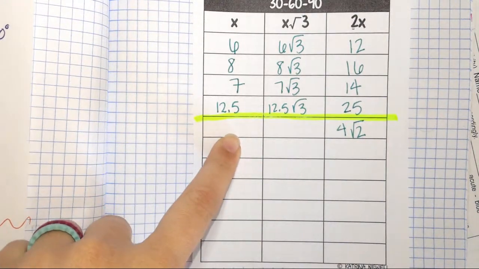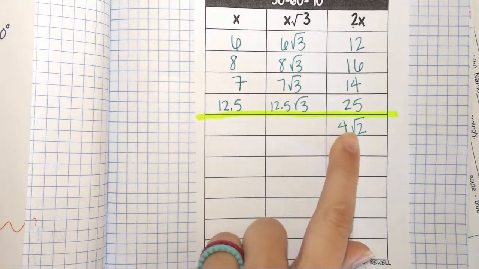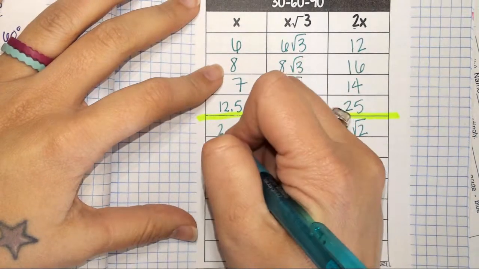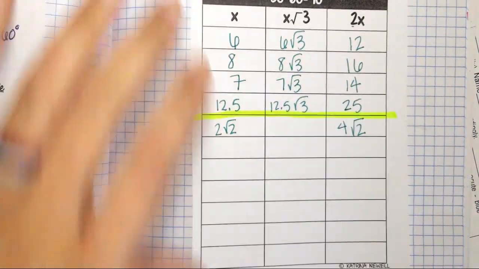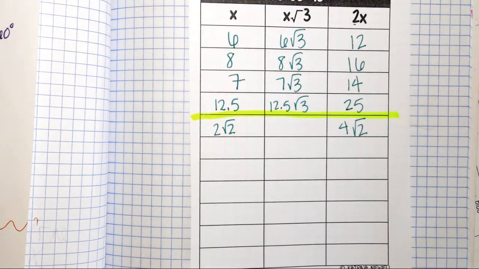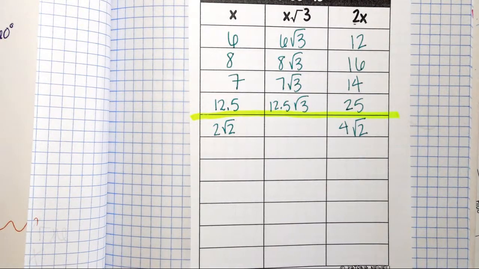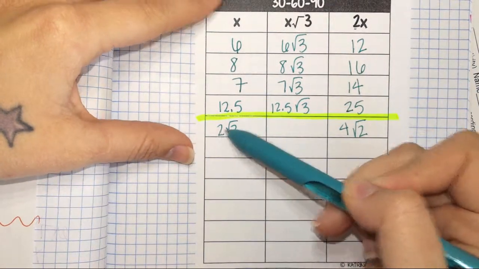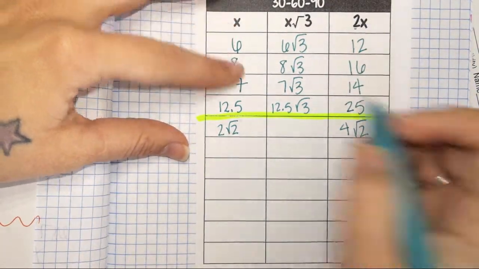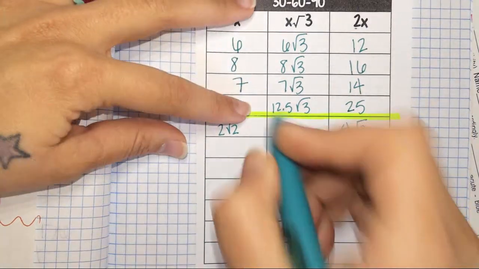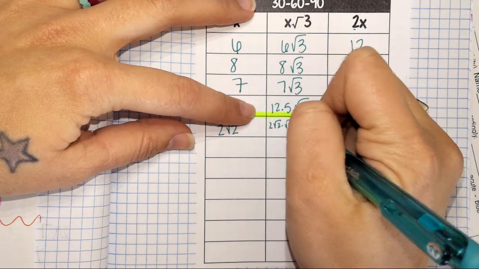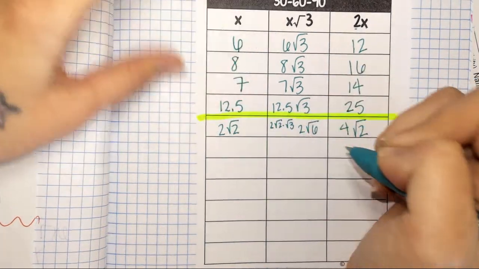What do you have to get rid of? Divide by 2. So what's 4 root 2 divided by 2? 2 root 2. And then what are we going to multiply 2 root 2 by? By root 3. So that's 2 root 2 times root 3, which is 2 root 6.